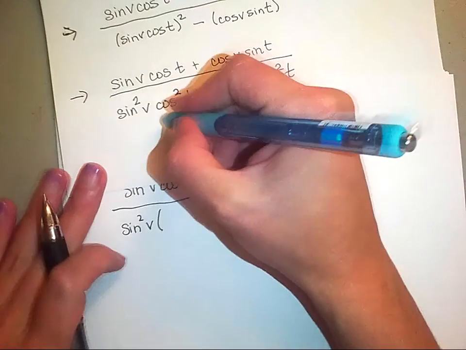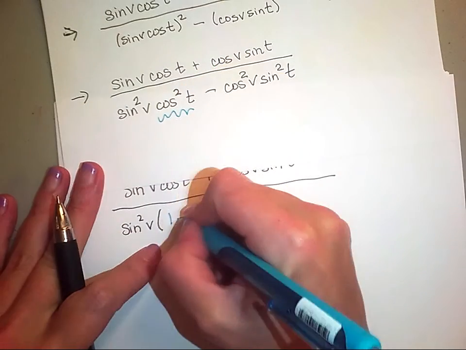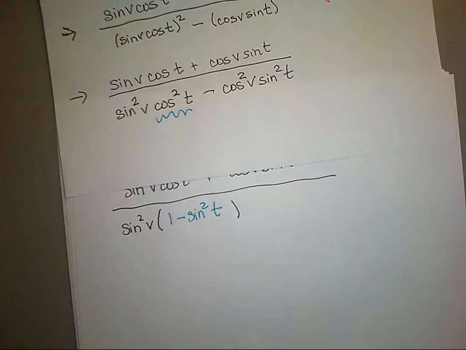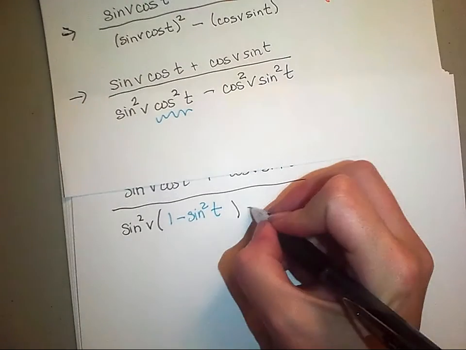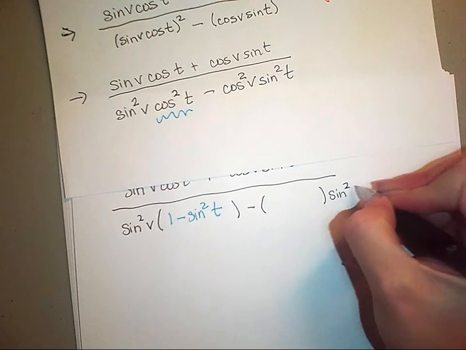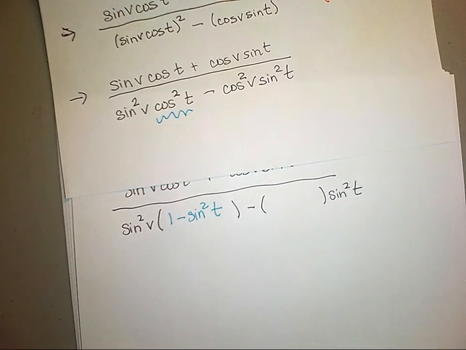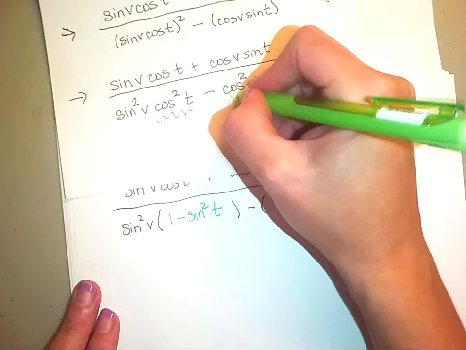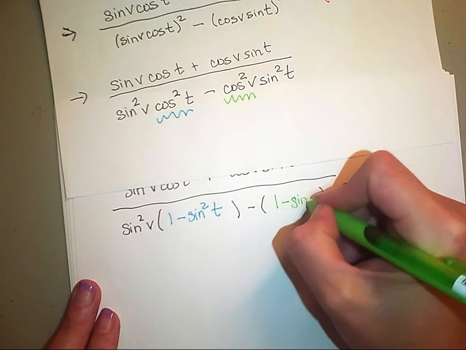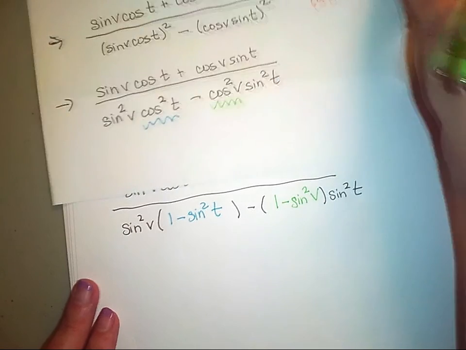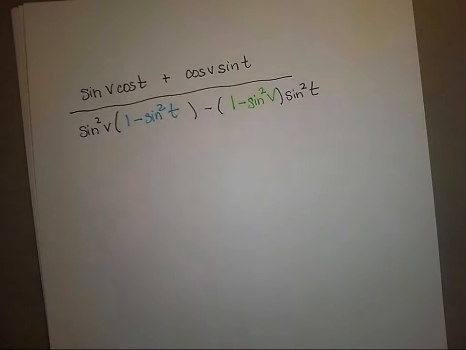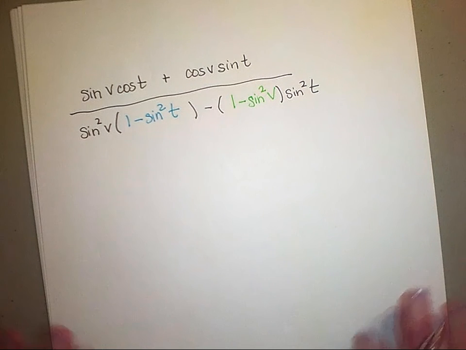Now, cosine squared of t is the same thing as 1 minus sine squared of t. Then minus from the formula. This cosine squared here, we can turn into 1 minus sine squared of v. Okay. Alright. We're going to get there.